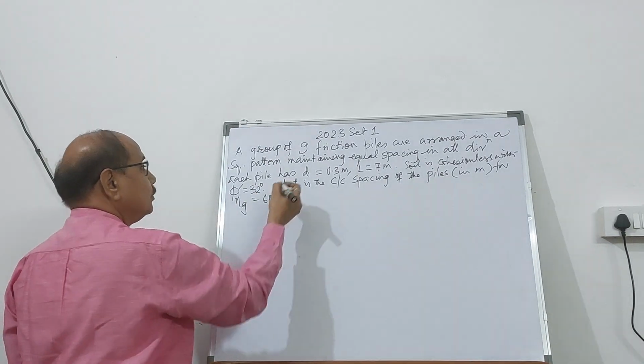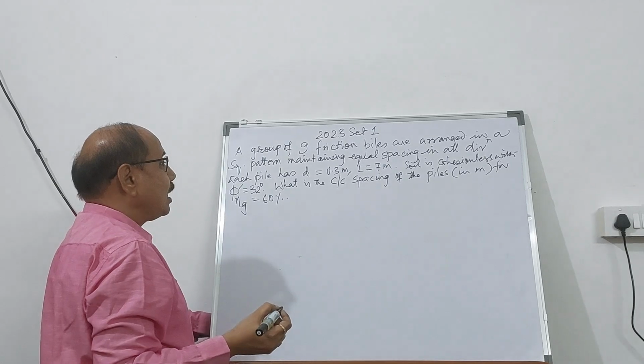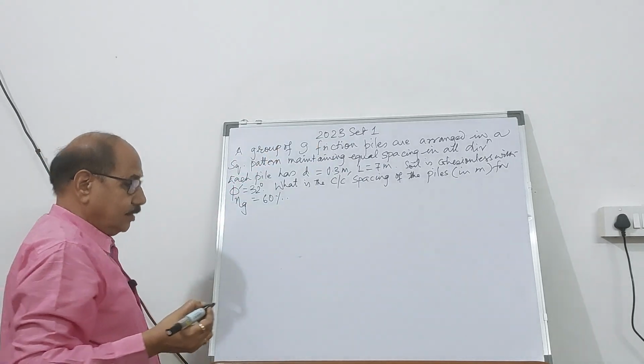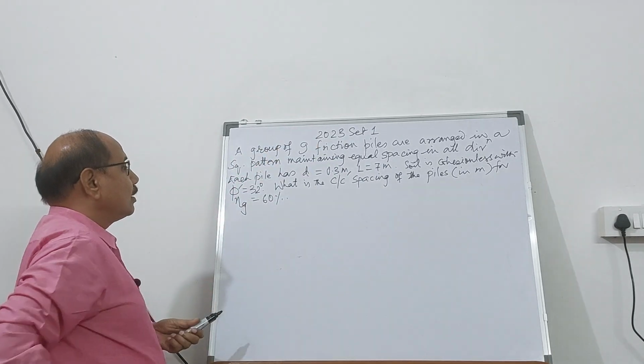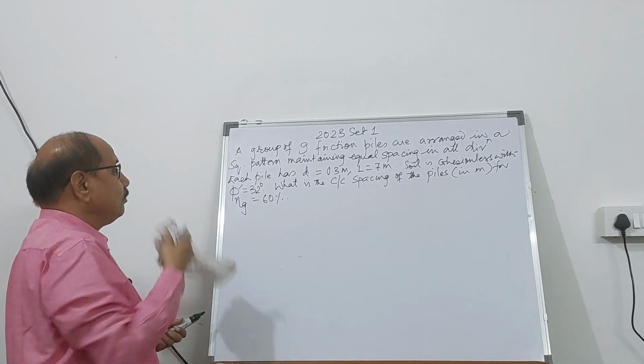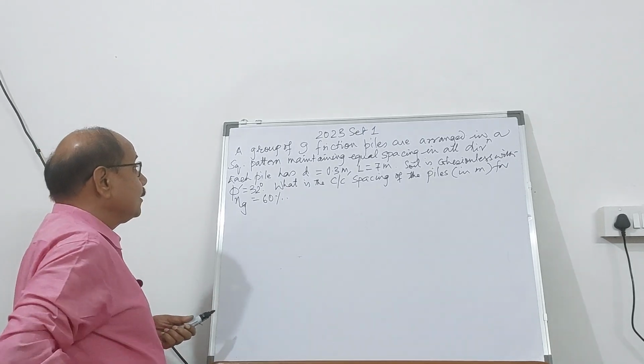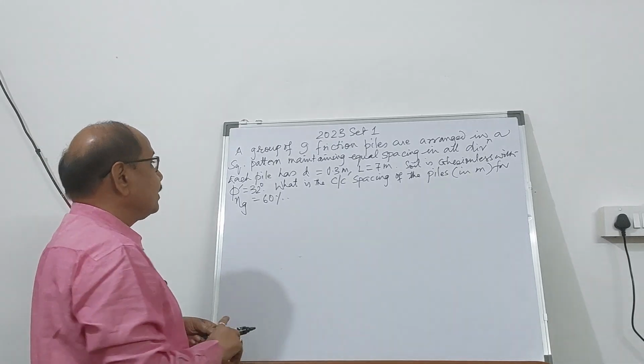So there is the problem. This problem was asked in 2023, and therefore let us solve it. It's quite simple. You can see that it is based on the group efficiency factor.